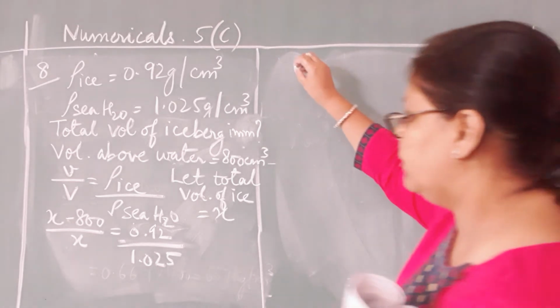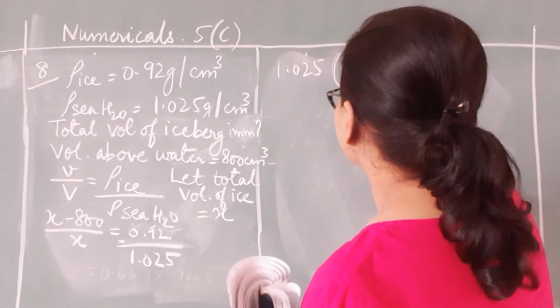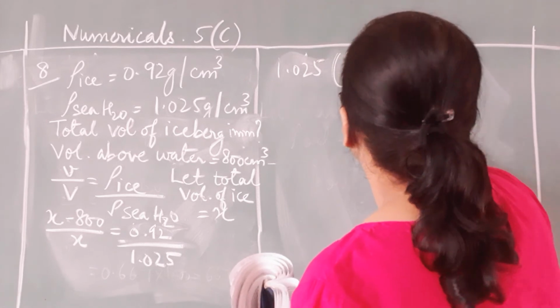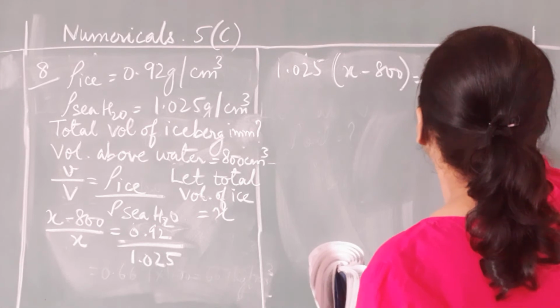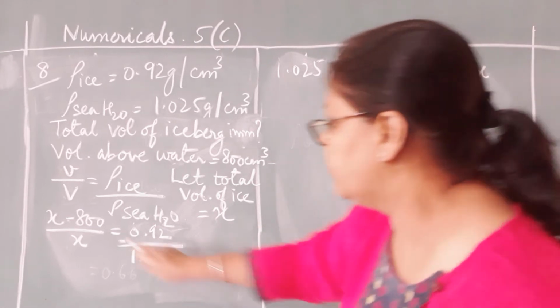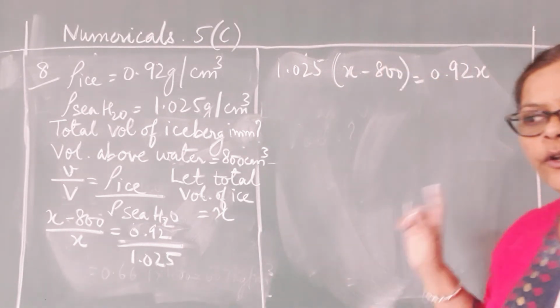Now let's cross multiply. It will be 1.025 into x minus 800. It will be equal to 0.92x. I have cross multiplied. When I open the brackets, I want you to solve this.